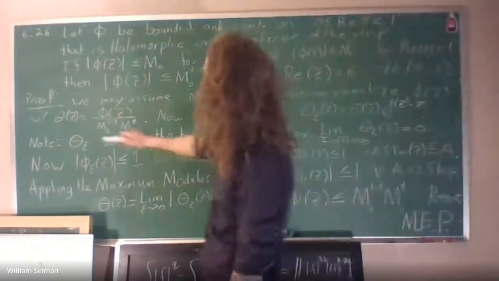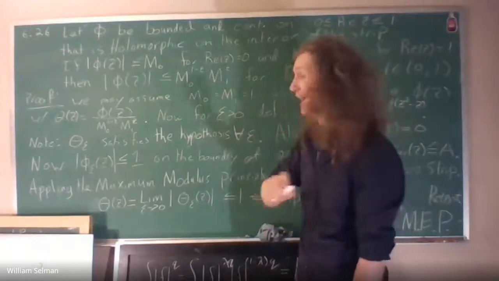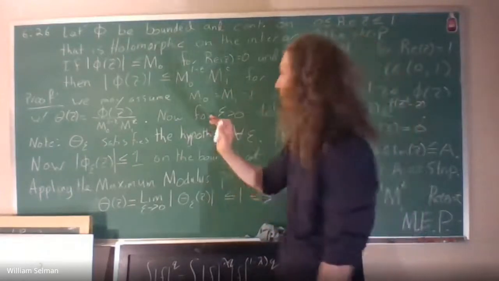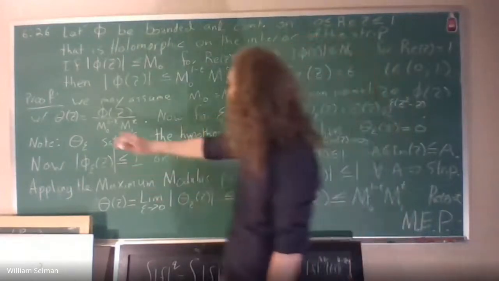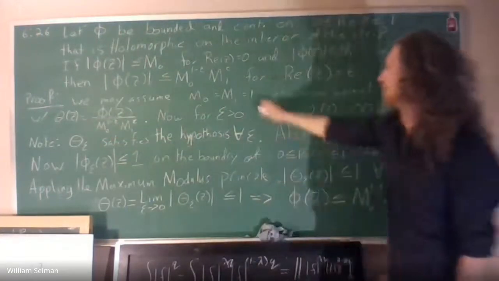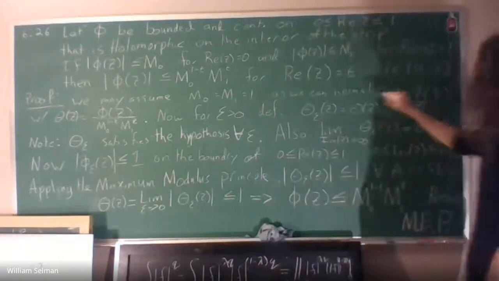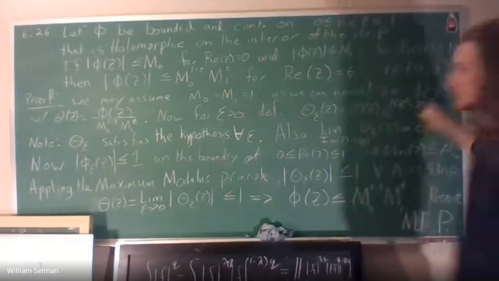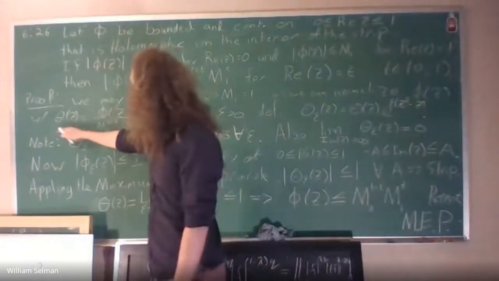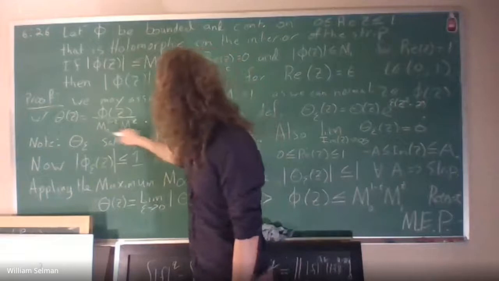So what we're going to do, and this is not in Folland, it took me forever to figure out, I had to look all over the internet to figure out why he was able to just do this, but we're allowed to assume that m0 and m1 are both equal to 1. And the reason that we can do this is that we can normalize phi of z by creating a new function, theta of z, that's phi of z over this product.